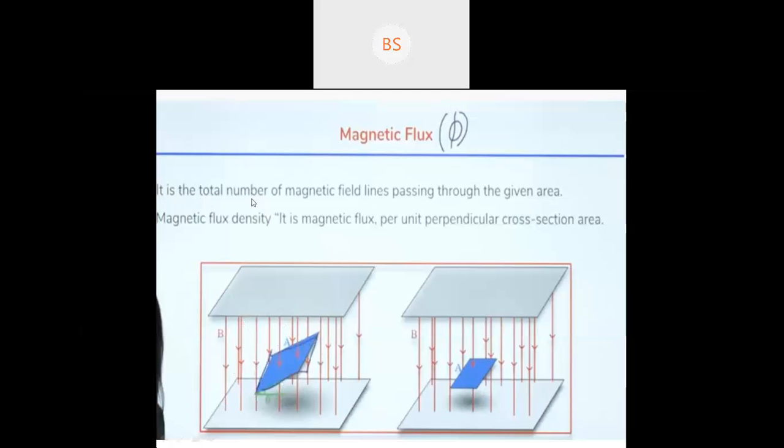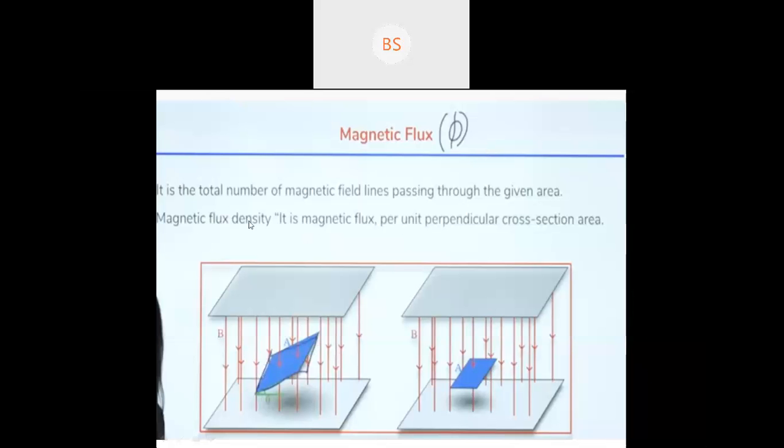The total number of magnetic field lines passing through the given area is called magnetic flux. So clear about magnetic flux? Maybe this is the magnetic material and the lines are passing through it. That given area is called a magnetic flux, and it is denoted by phi. This is the symbol phi.